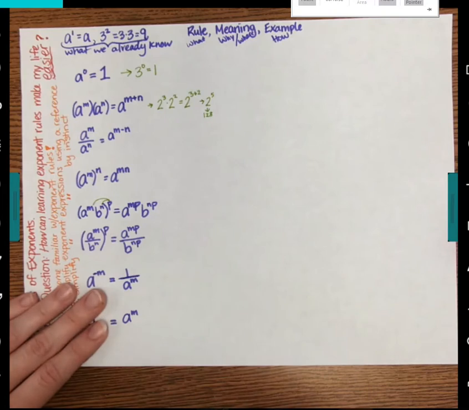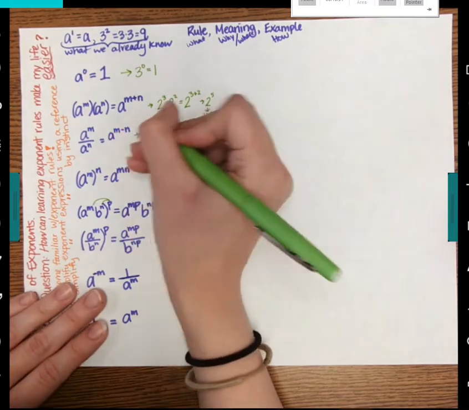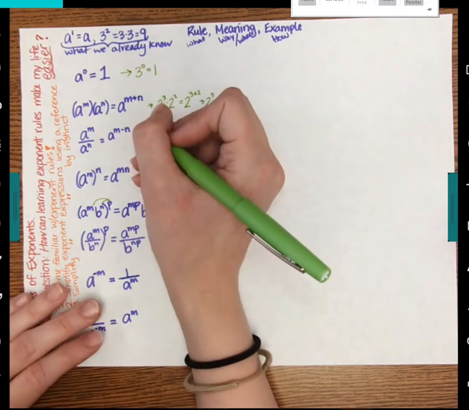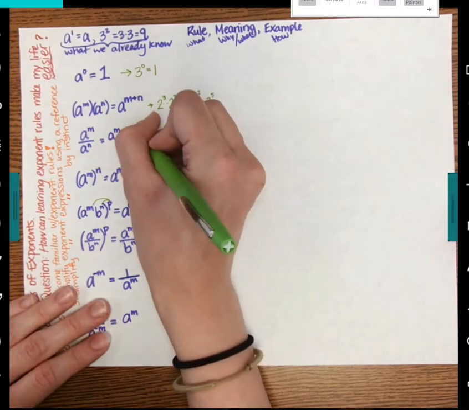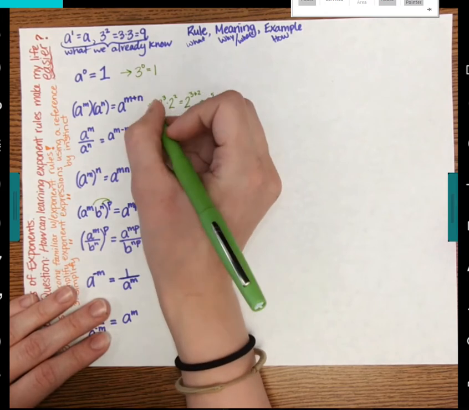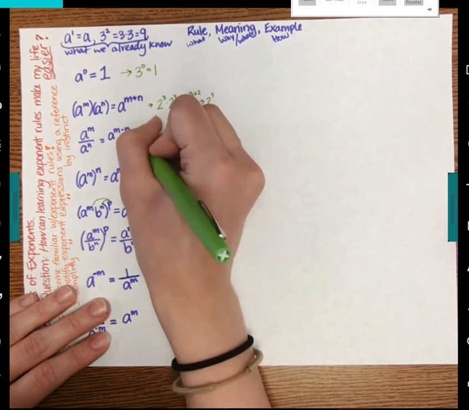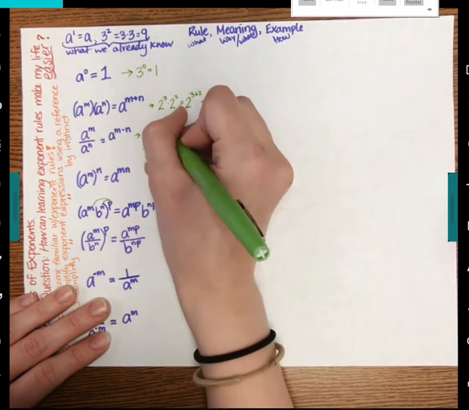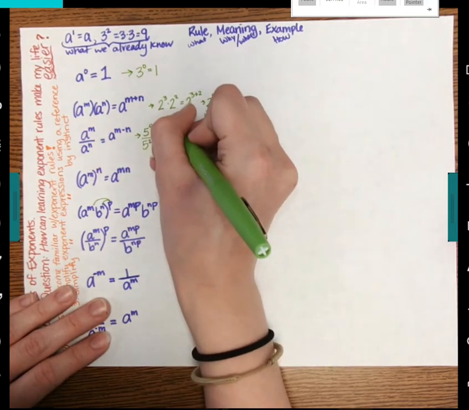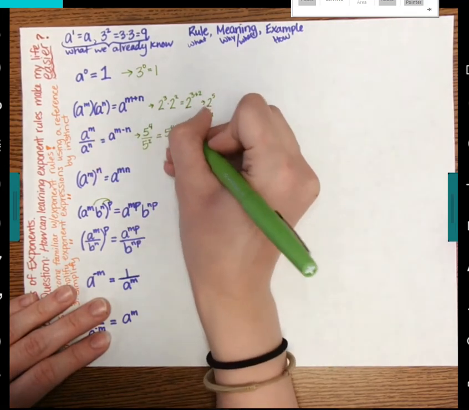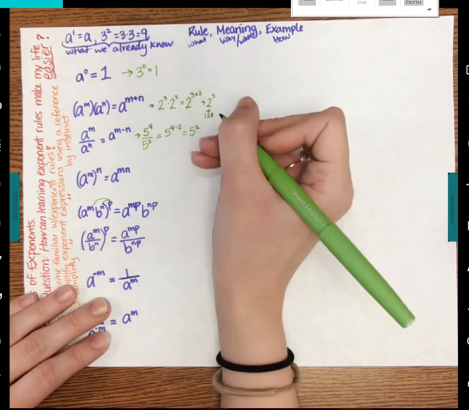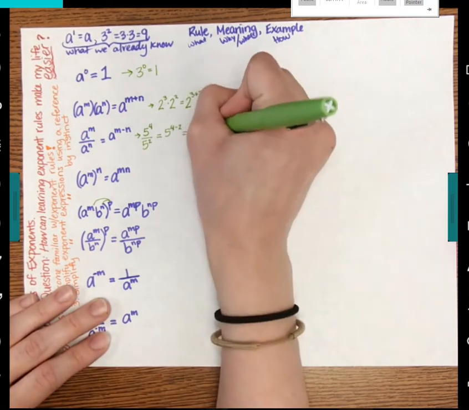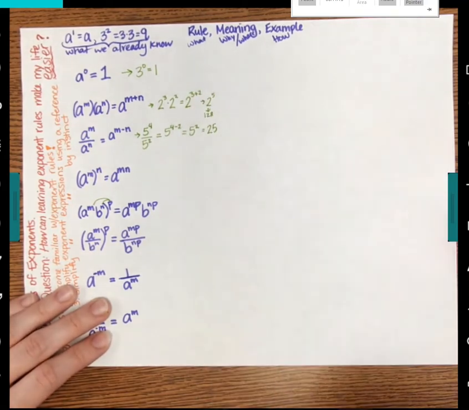Then for this one, if we wanted to look at it with numbers, so we have 5 to the 4th over 5 to the 2nd. We'll use our property, so that's 5 to the 4 minus 2. It's 5 squared, which is 25.